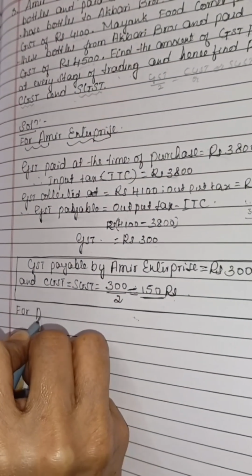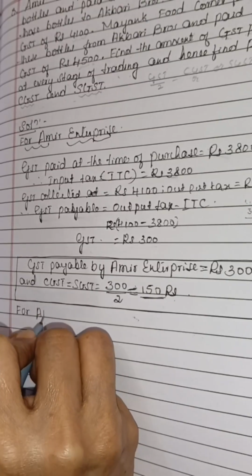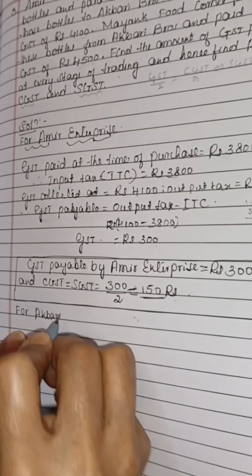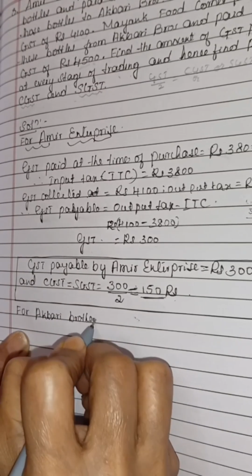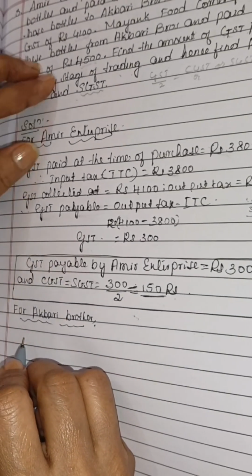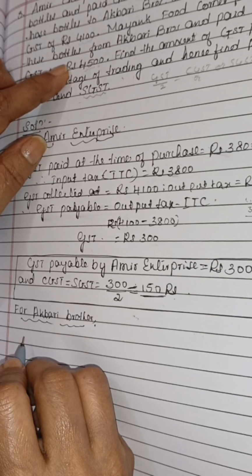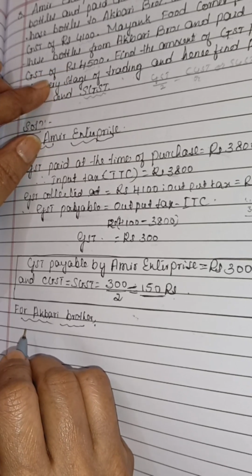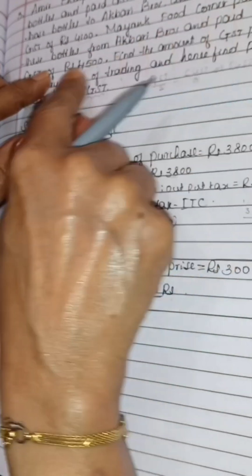So now for Akbari Brothers, GST paid on bottles. Mayank Food Corner purchased these bottles.